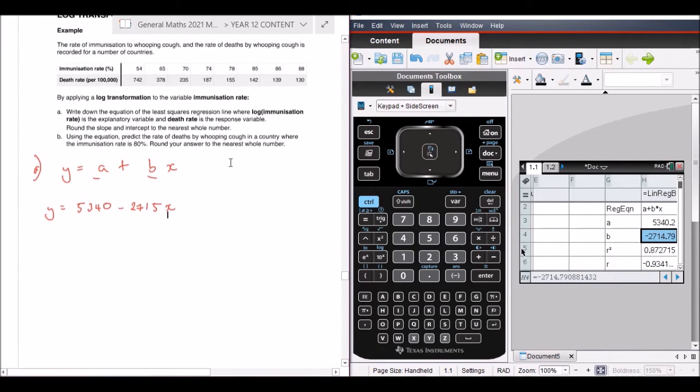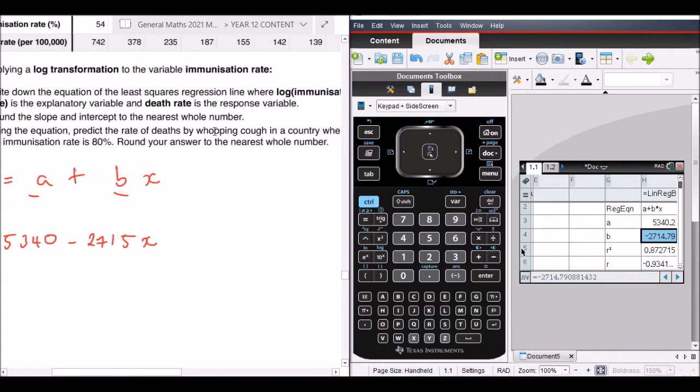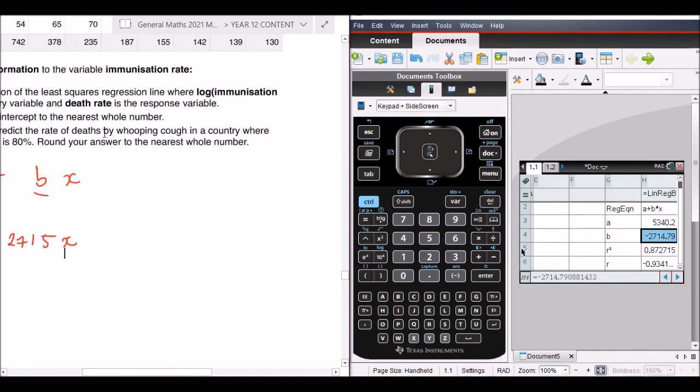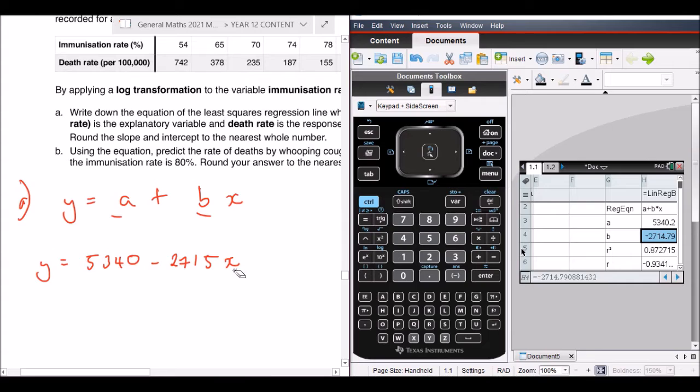Now the next part is we need to make a prediction of what the rate of death is going to be if the immunization rate, so if x was 80%, and we need to round this to the nearest whole number. On my calculator, you're going to go solve. One thing I did forget, sorry, is that the x variable should be log x, because remember, we made a transformation on the x.